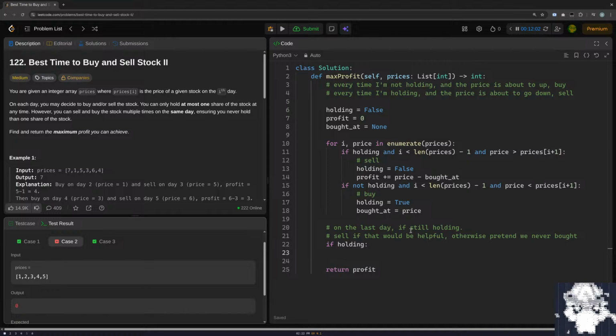So if holding and bought_at is less than prices of the last price, profit plus equals prices of the last price minus bought_at.